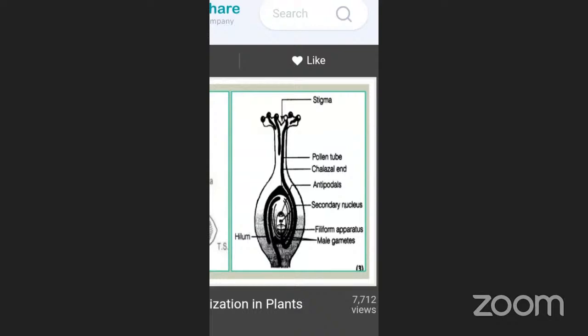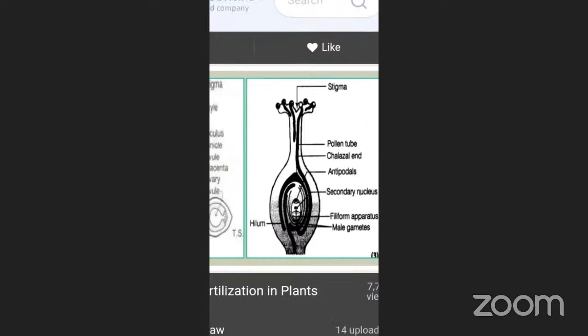So the next one is, the pollen tube enters into the embryo sac.